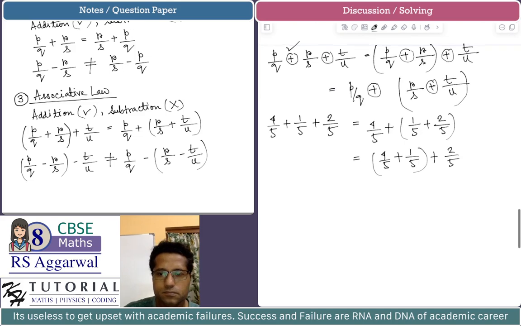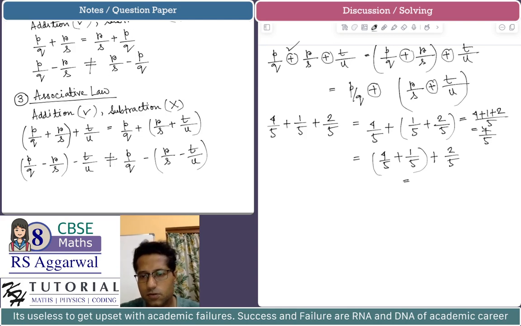Now, if you take the same example, you can clearly see this will be 4 plus 1 plus 2 by 5, which is equal to 7 by 5. In this case also, it will be 4 plus 1 plus 2 by 5, which is equal to 7 by 5.